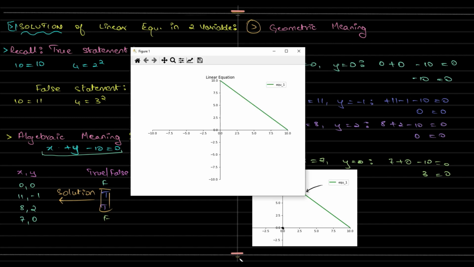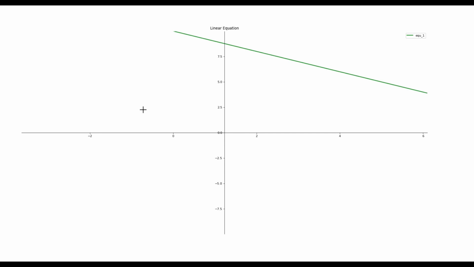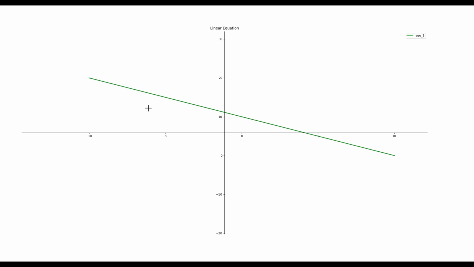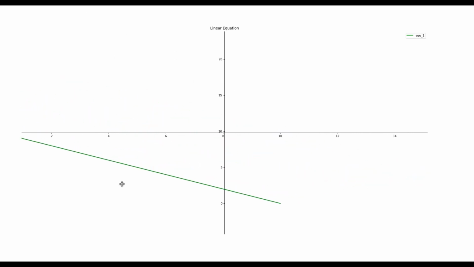Not very clear. Let's zoom in, and yeah, we got 8 comma 2.